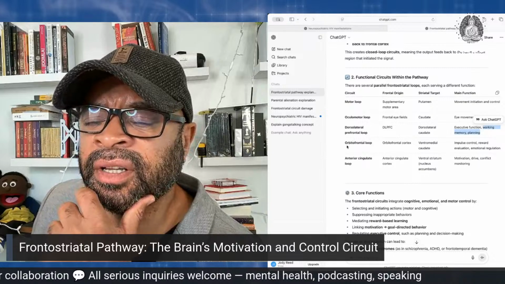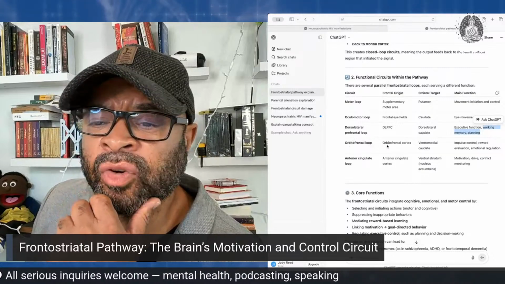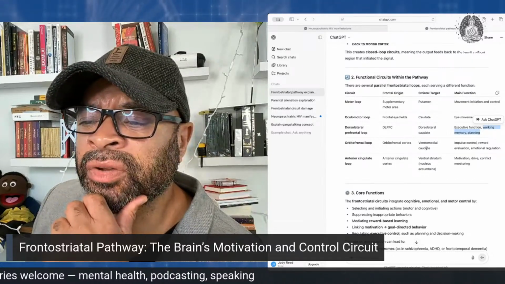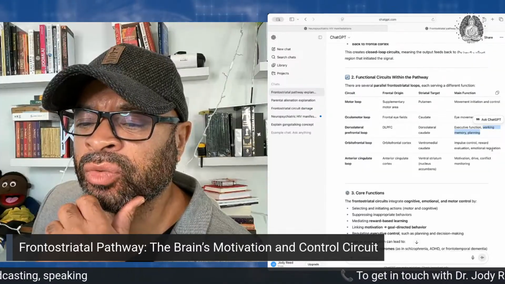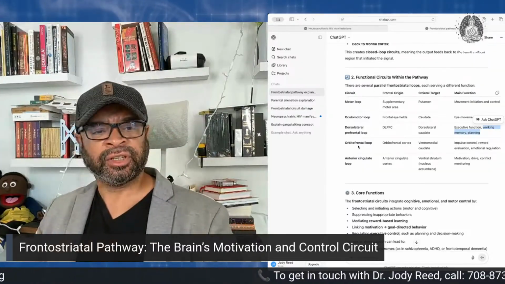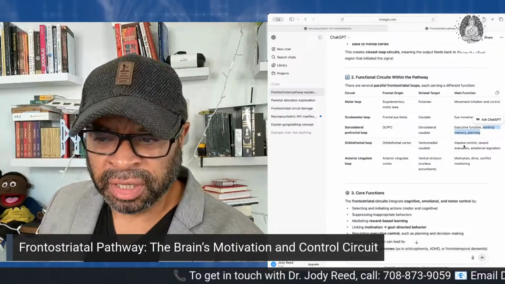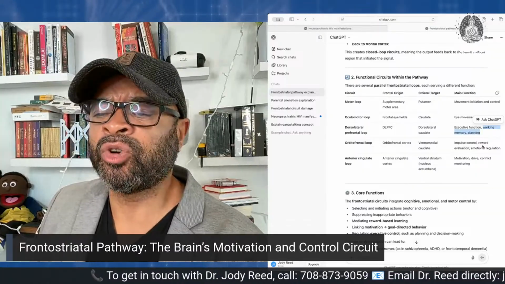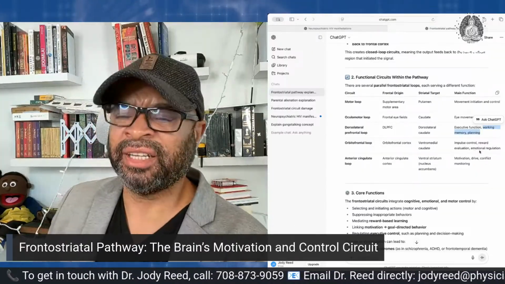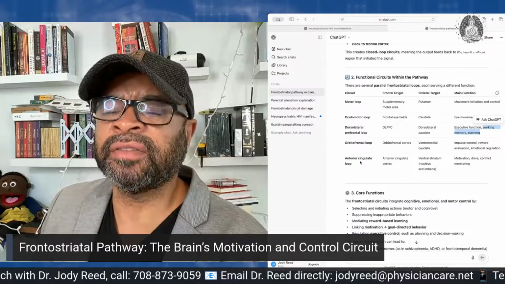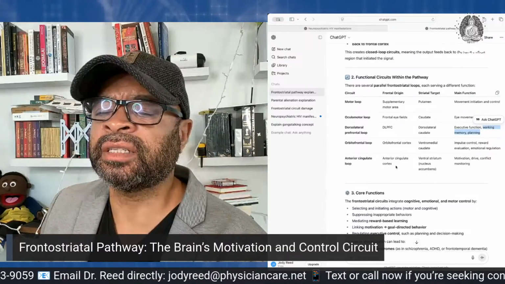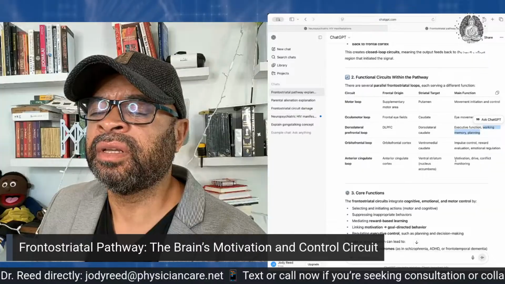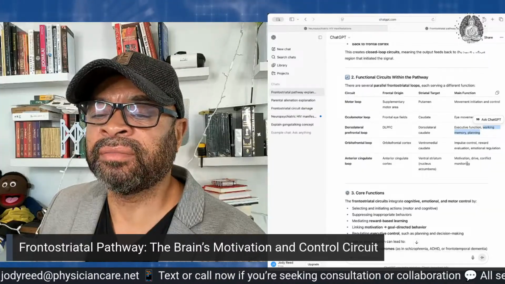Very important. The orbitofrontal loop, the ventromedial caudate, is for impulse control, reward evaluation, and emotional regulation. Damage to that loop affects impulse control, reward, drug seeking, emotional regulation, and leads to impulsive behavior. The anterior cingulate loop, the anterior cingulate cortex and ventral striatum, is for motivation, drive, and conflict monitoring.